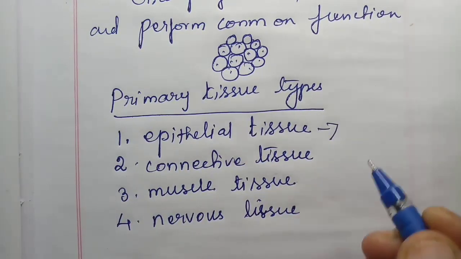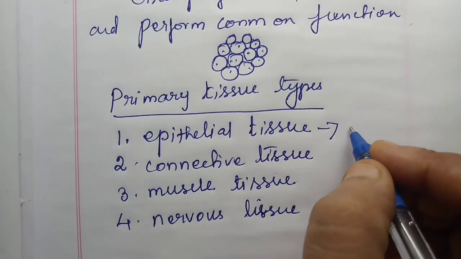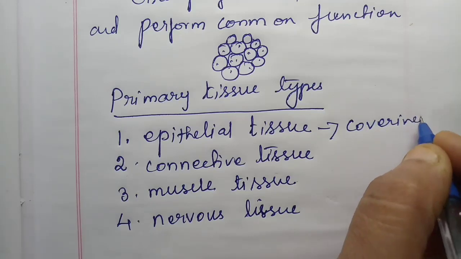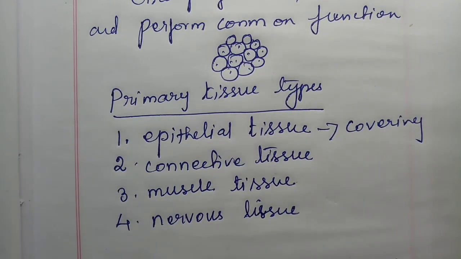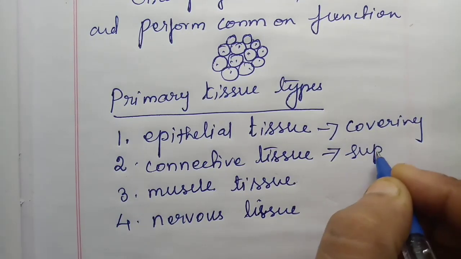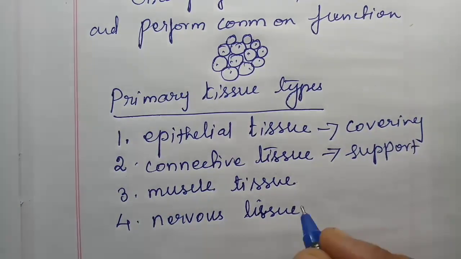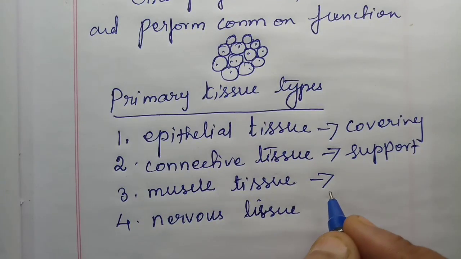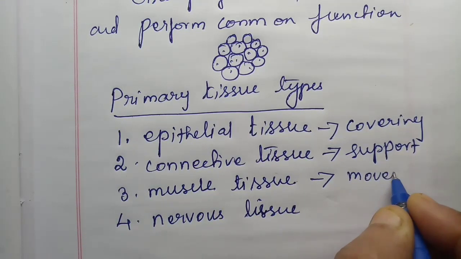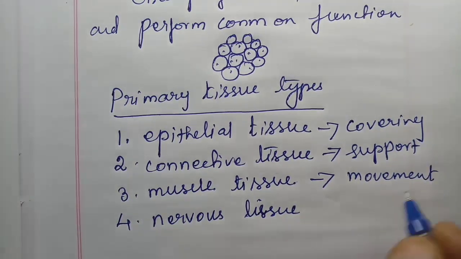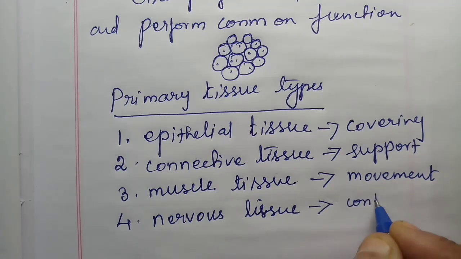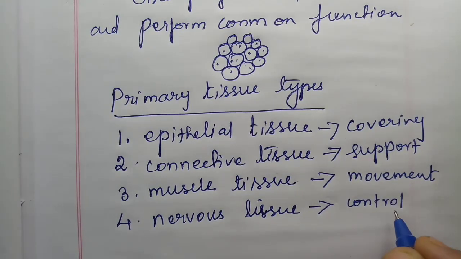Epithelial tissue is commonly used for the covering of the body, mostly, and connective tissue for support. Muscle tissue usually for movement, and nervous tissue for control.